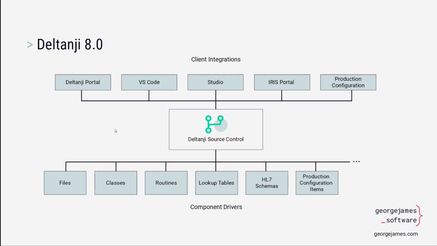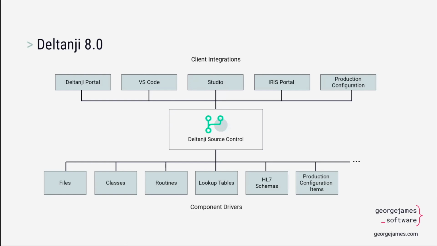Our other client integrations, in no particular order, are VS Code, which is where most of you should be spending time if you're editing, or Studio if you haven't yet migrated from Studio to VS Code.